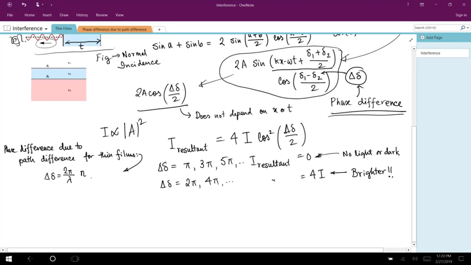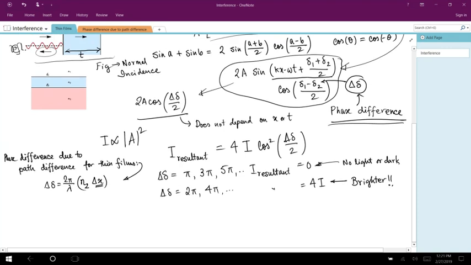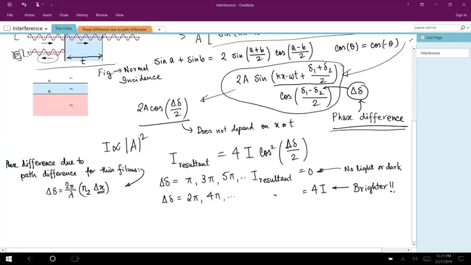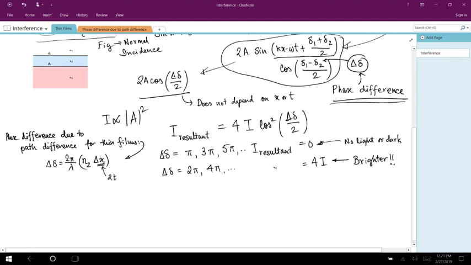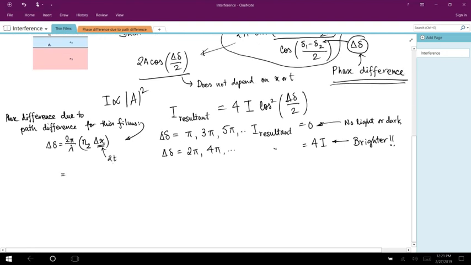So that's going to be equal to N2 times delta x, which is the actual observed path difference, right? So you could write it as N2 times delta x, where delta x is just 2t. Or you could just write delta x, meaning the optical path difference, equals N2 times 2t. So evaluating this and plugging it back, we get 4 pi N2t divided by lambda. So that's our delta delta generally.